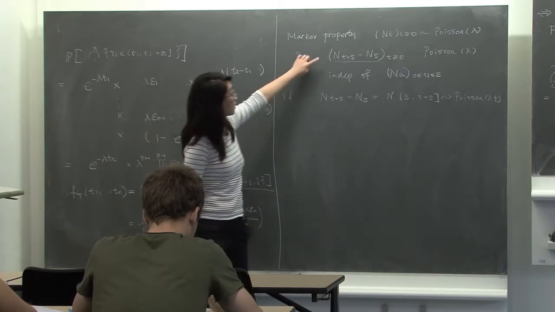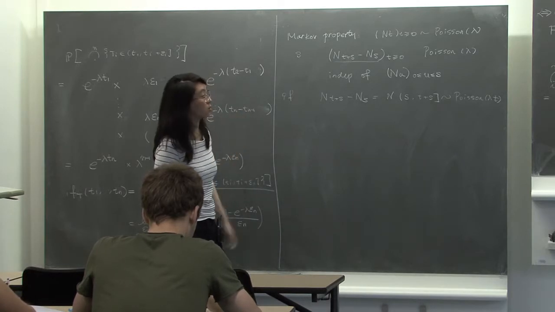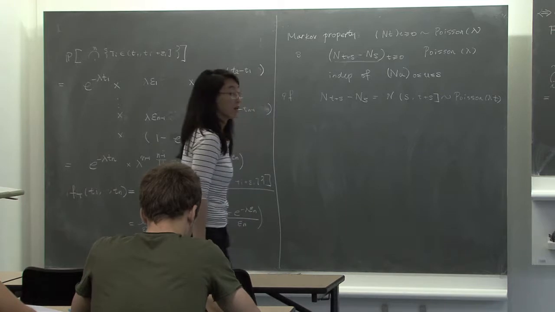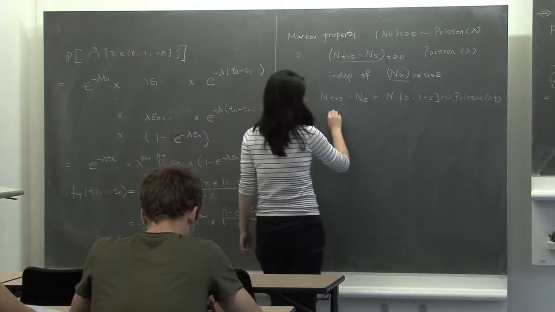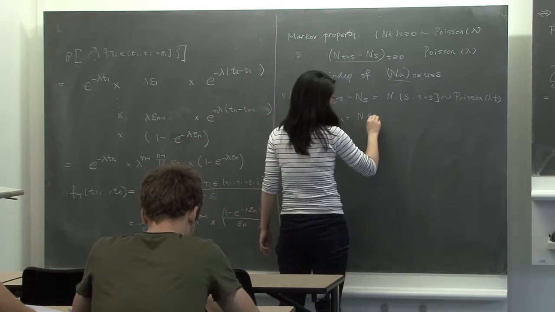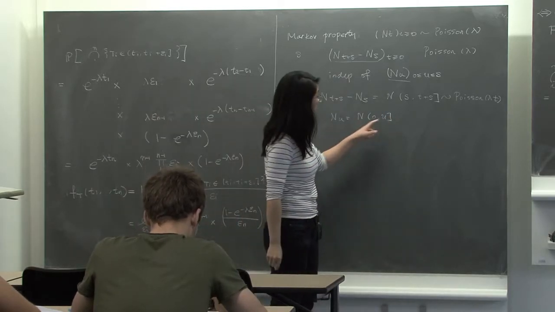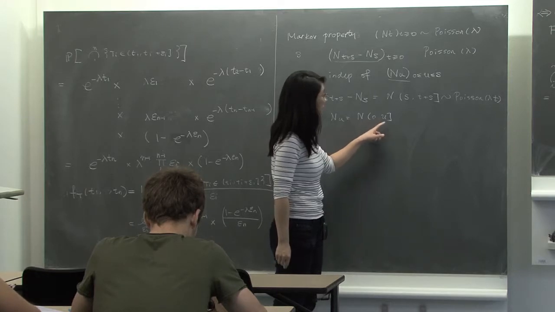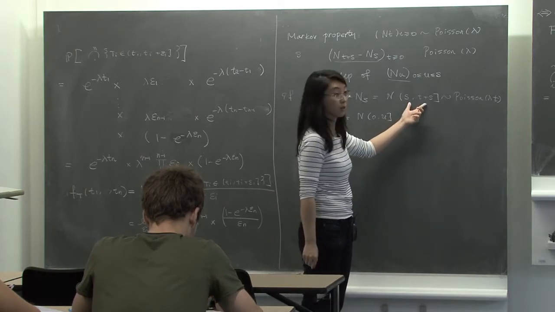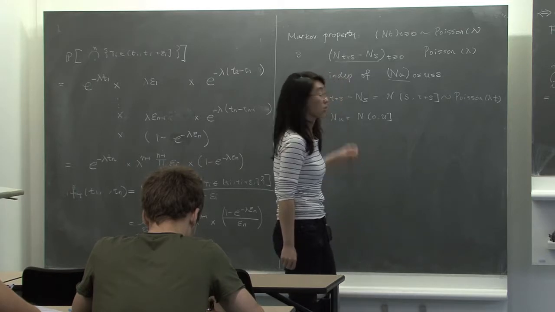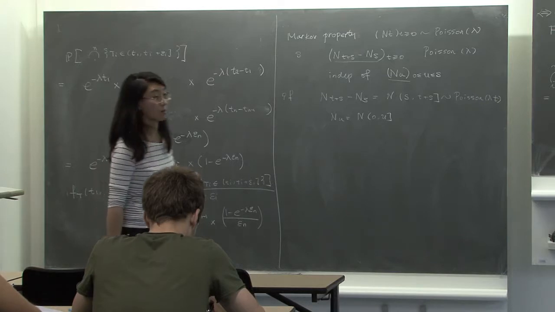And for this new process, we can also easily check that it satisfies independent increments. So this new process is also a Poisson process with intensity lambda. And of course, it is independent of what happens before time s, because this Nu is the counting process, the number of customers who arrive between time 0 and u. And we know that this time interval is disjoint from that time interval, so the two random variables are independent. So the new process is independent of what happens before time s. And this is called the Markov property of Poisson process.